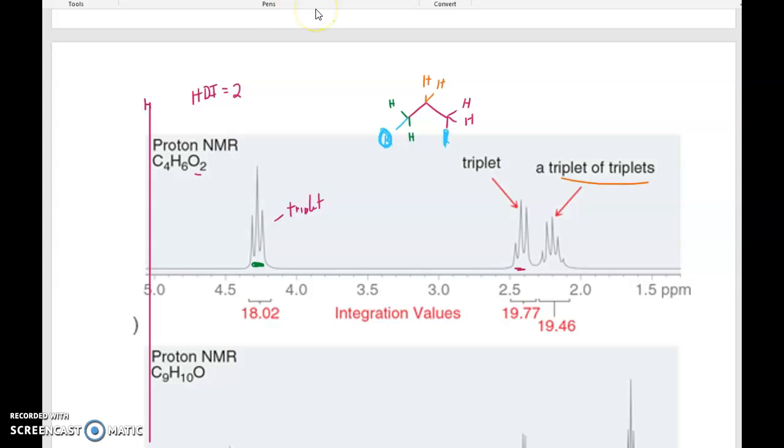We don't have all our carbons. So let's put a carbon and make it a carbonyl. And then we need another degree of unsaturation, so let's make it a ring. So this is going to look like this, and that accounts for all the structures that we see here.